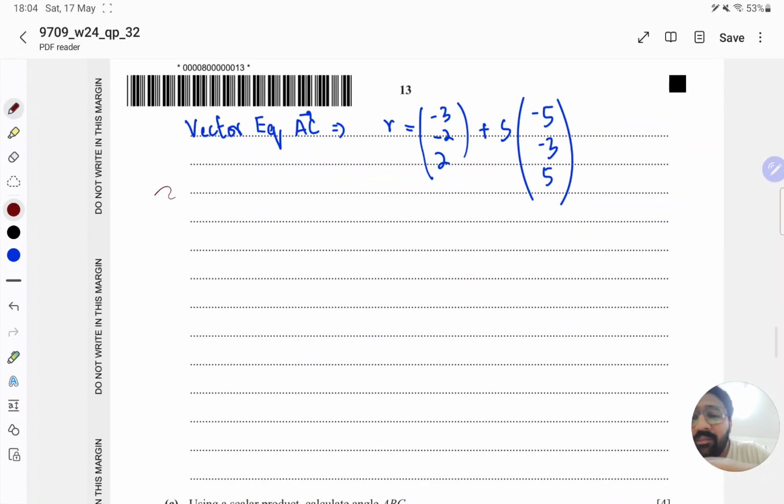This is going to be step number 4: put them both equal.